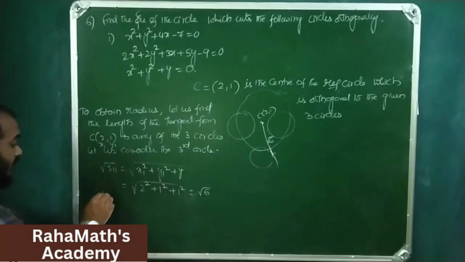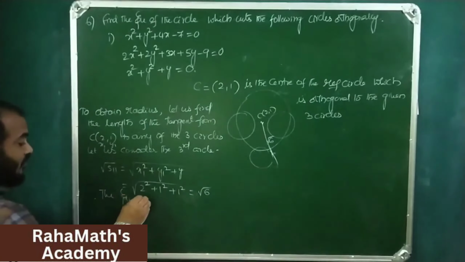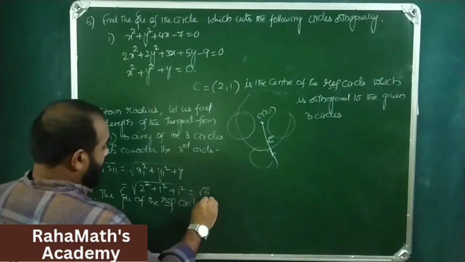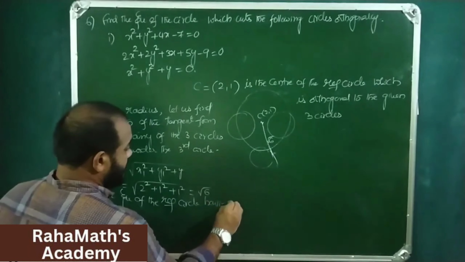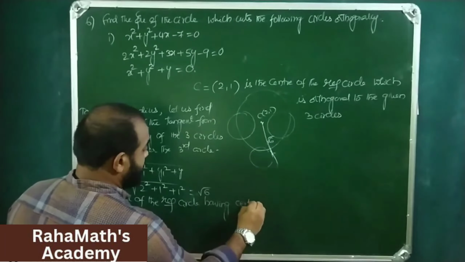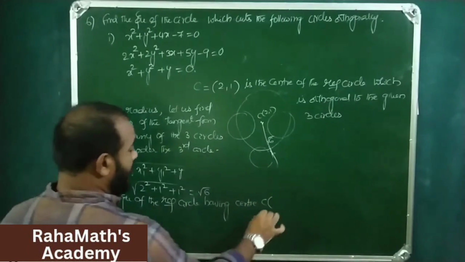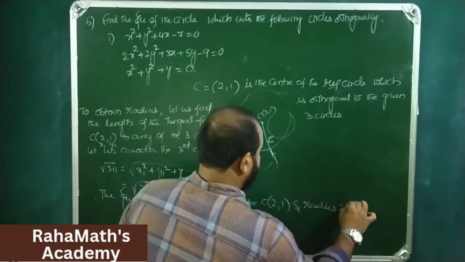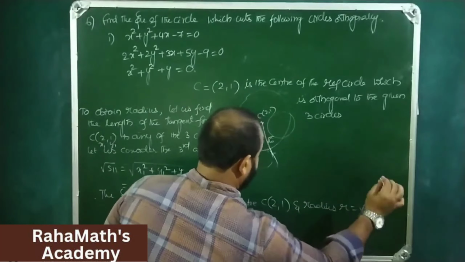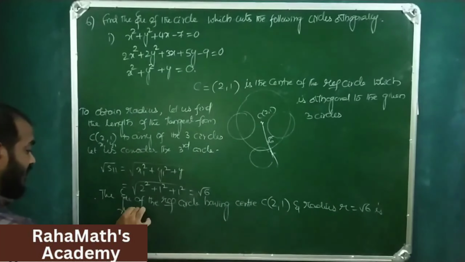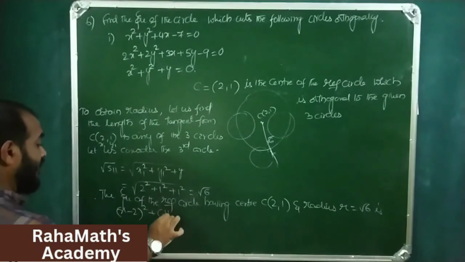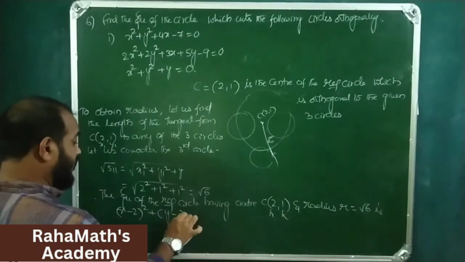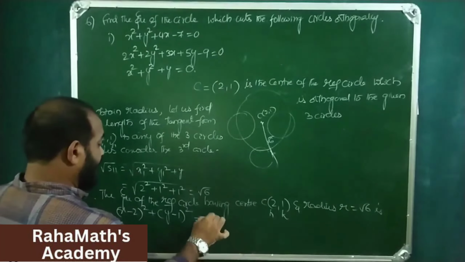Therefore, the equation of the required circle having center C (2, 1) and radius r equals root 6 is (x minus h) whole square plus (y minus k) whole square, this is (h, k), (y minus 1) whole square equals r square, root 6 whole square.